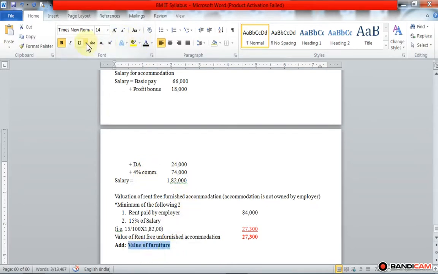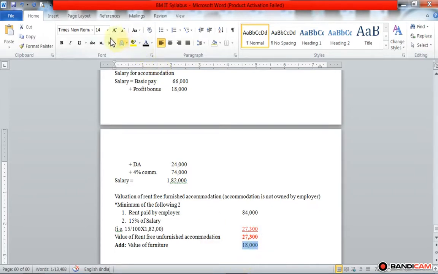Value of furniture is given directly. Here the cost of furniture is not given, the value of furniture is given. So the value of furniture is 18,000. If the cost of furniture is given, then we compute 10% of the cost of furniture, but here the value of furniture is given, and it is 18,000.